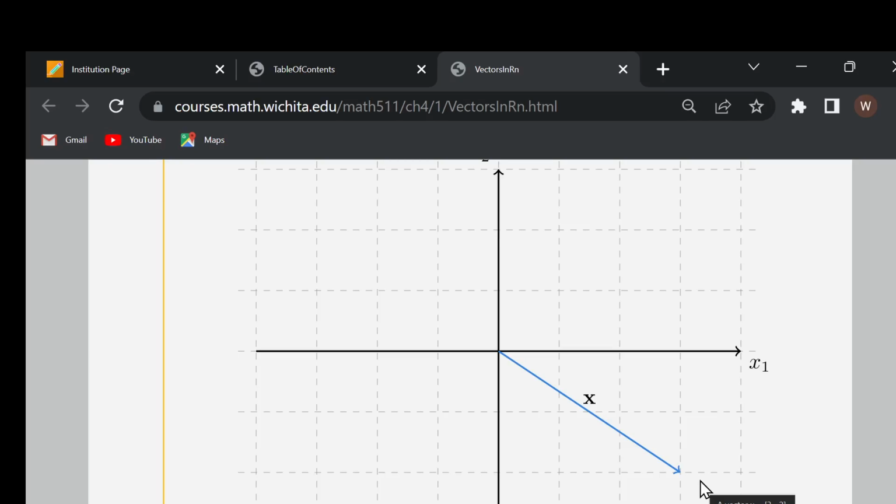What? Oh, yes. In fact, these are the reason you're taking the class. You're not taking this class for R2 or R3 or even Rn. You're taking the class for these abstract vector spaces.